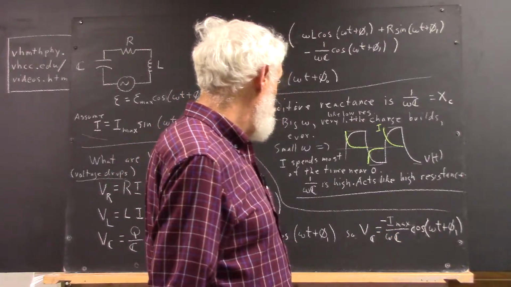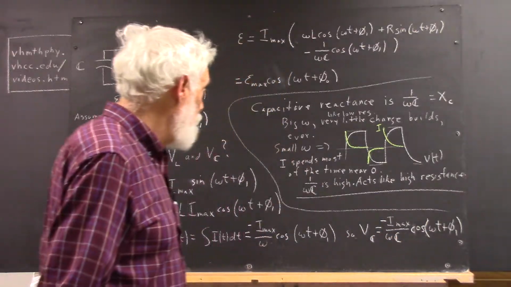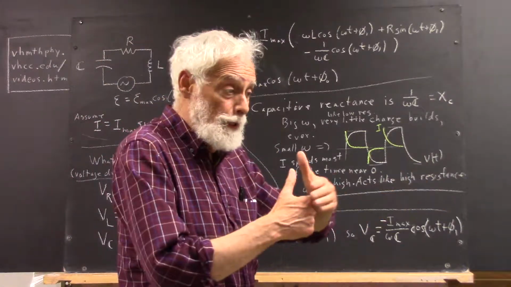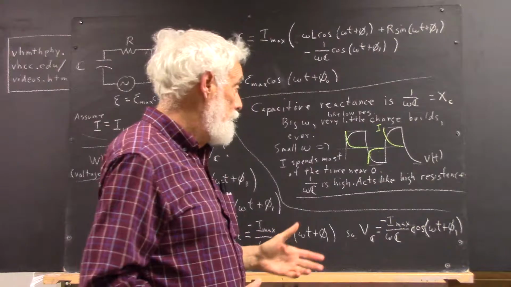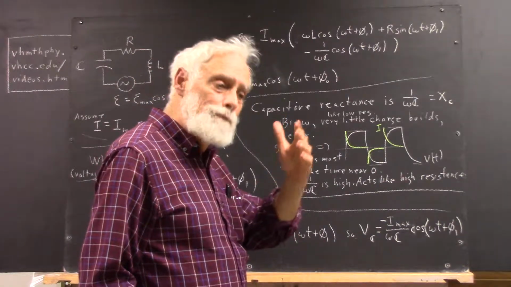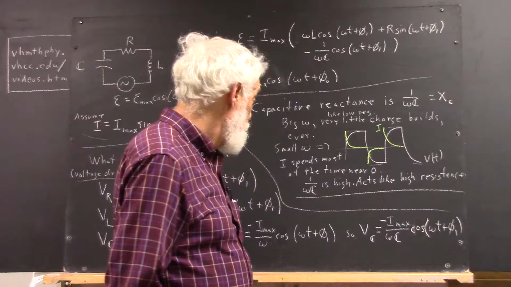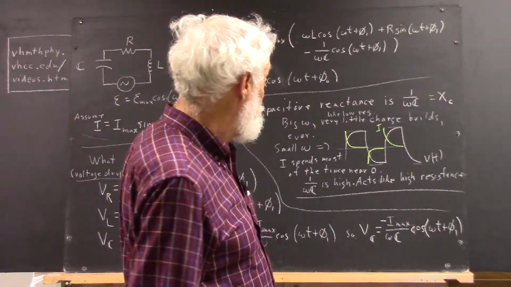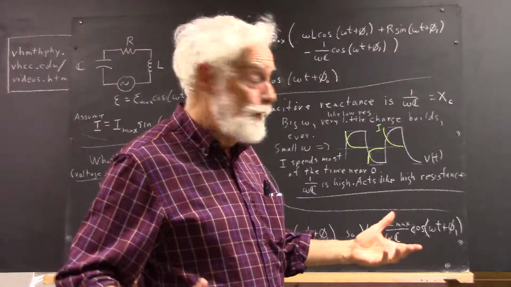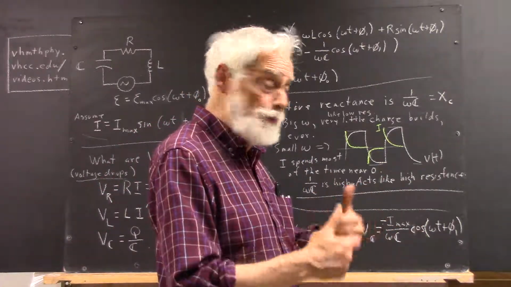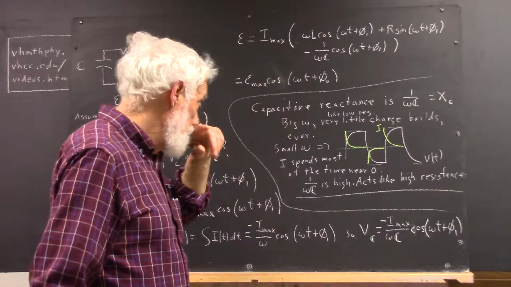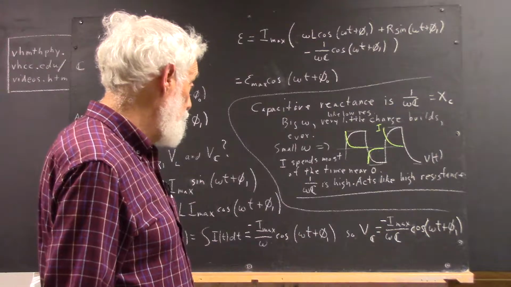So if omega is small, meaning you're taking a long time for every cycle, that gives the current time to approach zero, essentially. So you don't have much current. If you're cranking very quickly, the capacitor doesn't have time to charge up. It doesn't have any real effect on your circuit. So that's as much of an idea as we want to carry away right now.